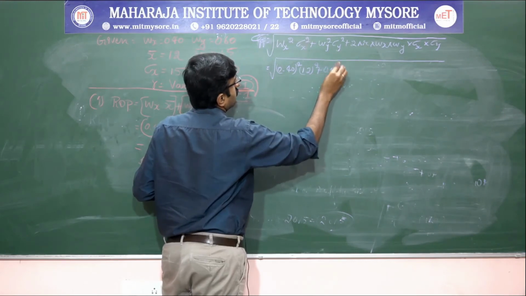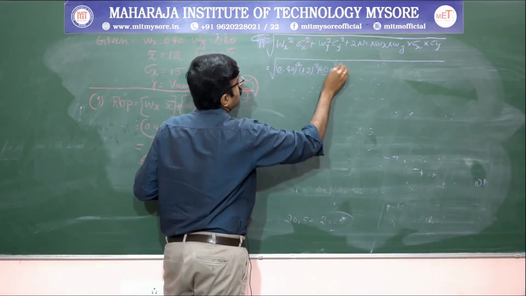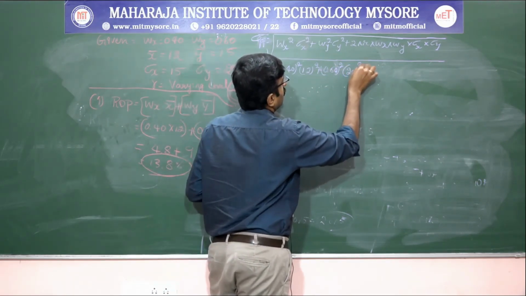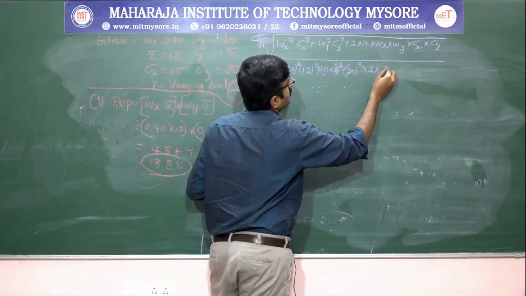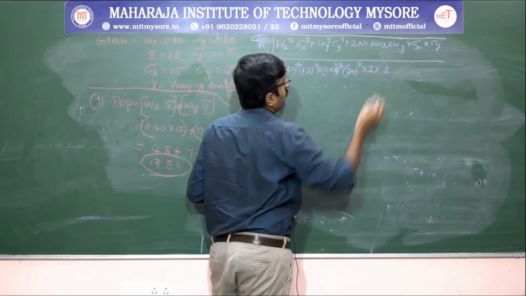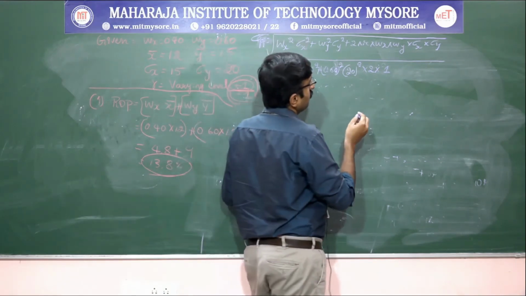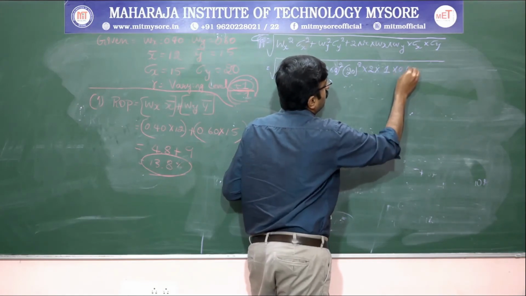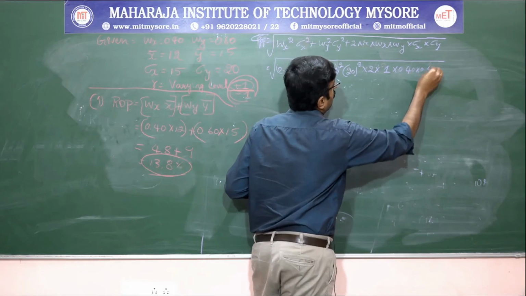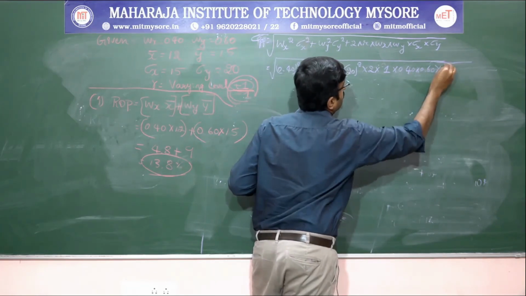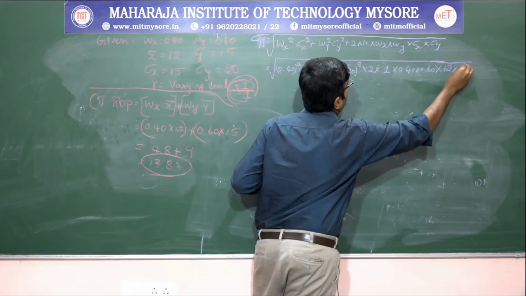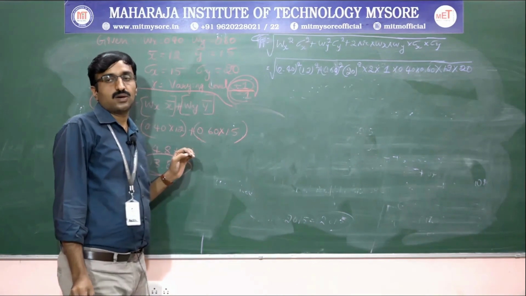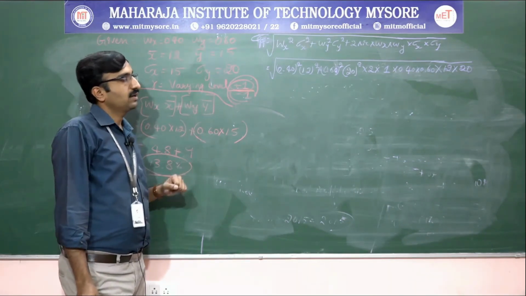Weight of y is 0.60 whole square into standard deviation y is 20 square, plus 2 into r is 1, into weight x 0.40 into weight y 0.60 into standard deviation of x is 12, standard deviation of y is 20. This is how they have given and we have to calculate.